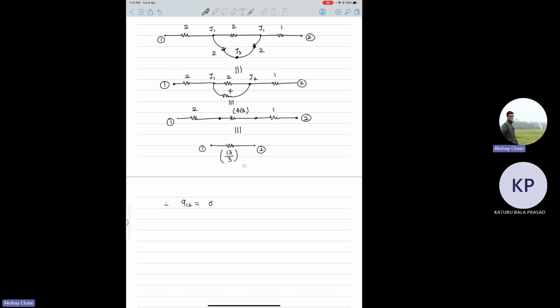So we know the heat transfer is sigma, and we are considering area as 1, T1 power 4 minus T2 power 4 divided by the total resistance, which is 13 by 3.